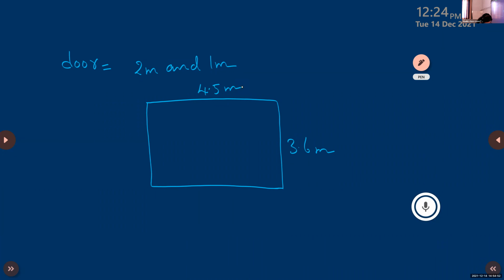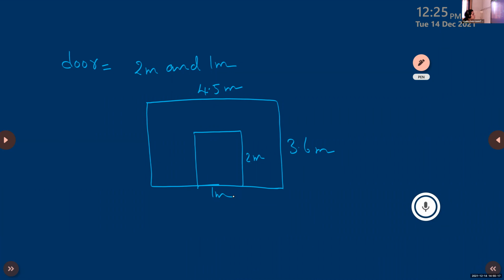Now there is a door here, and its length is 2 meter and breadth is 1 meter. Now the question is, find the cost of whitewashing the wall if the rate of whitewashing is rupees 20 per meter square.